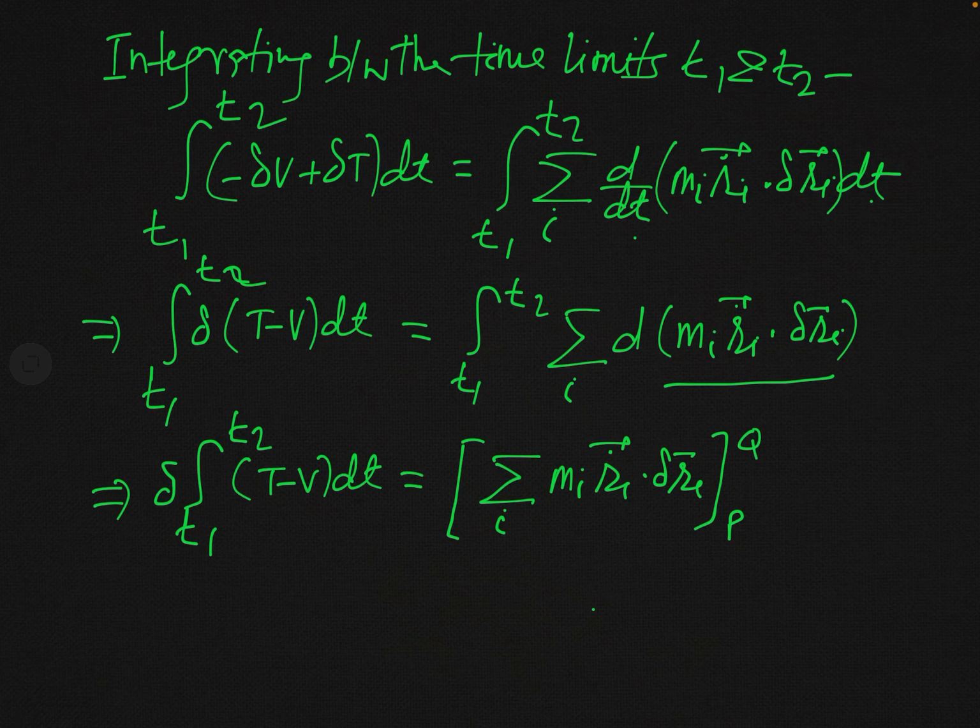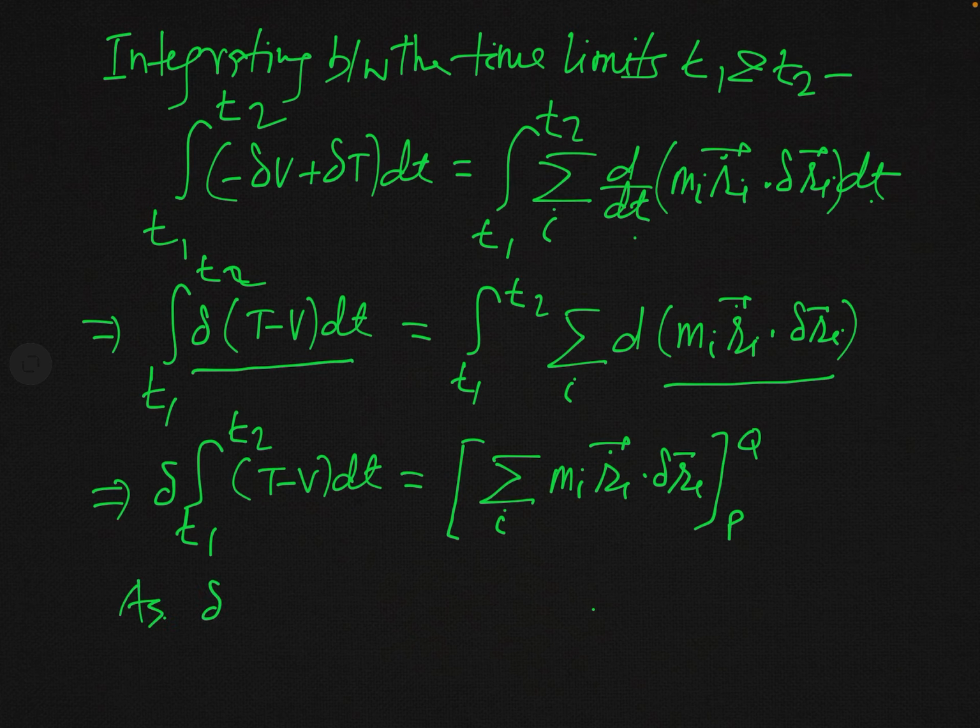Now first of all we will see how I have written this delta t minus v dt equal to delta t minus v dt. How we have written it? You can see it here.